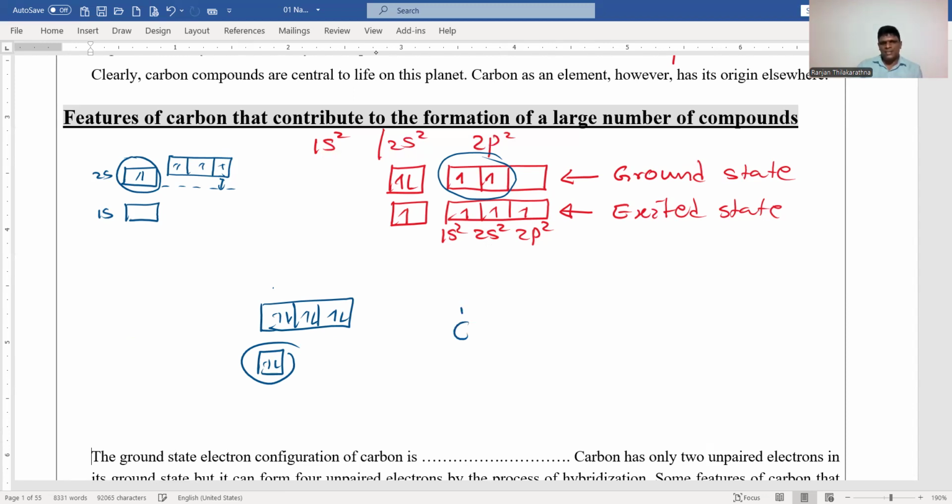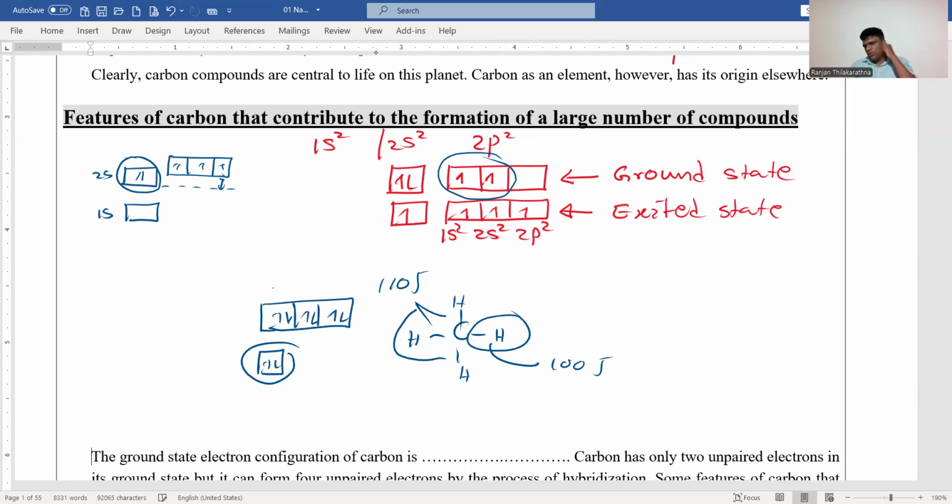But if you take CH4, remember that carbon normally forms four bonds. Always carbon forms four bonds. Then one of the C-H bonds would be in a low energy state. That means, say the bond energy is 100 joules, but the other bonds may be 110 joules.